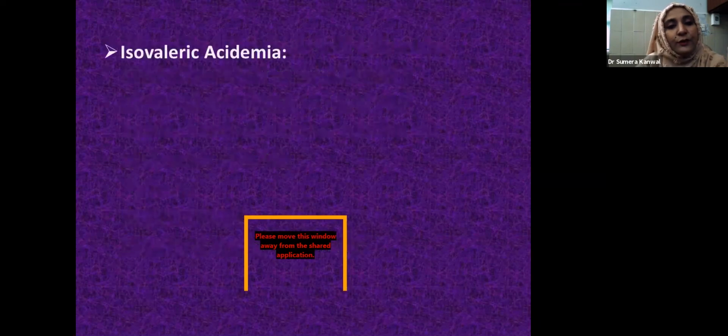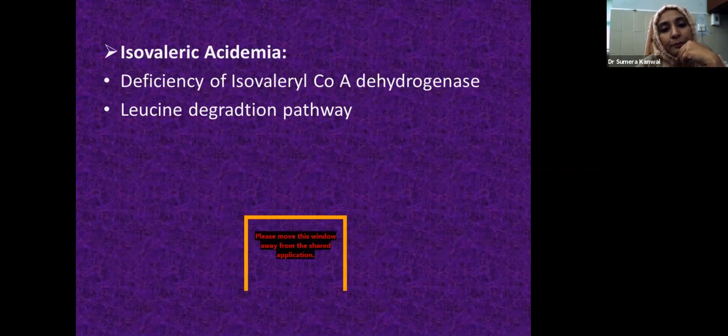The last one is isovaleric acidemia. It is caused by the deficiency of the enzyme isovaleryl-CoA dehydrogenase, the third enzyme of the leucine degradation pathway, which converts isovaleryl-CoA into its respective oxidized, unsaturated form.